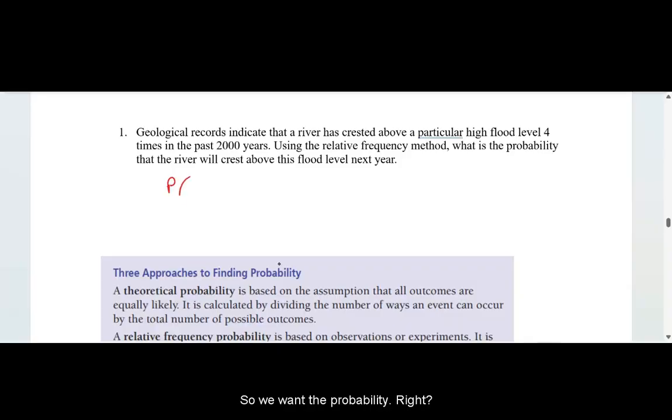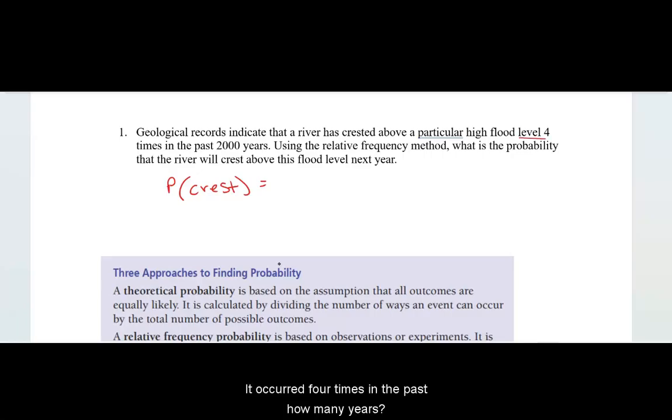So we want the probability of a crest. We take how many times it occurred, 4 times in the past how many years? 2,000. That means your probability is 4 out of 2,000.